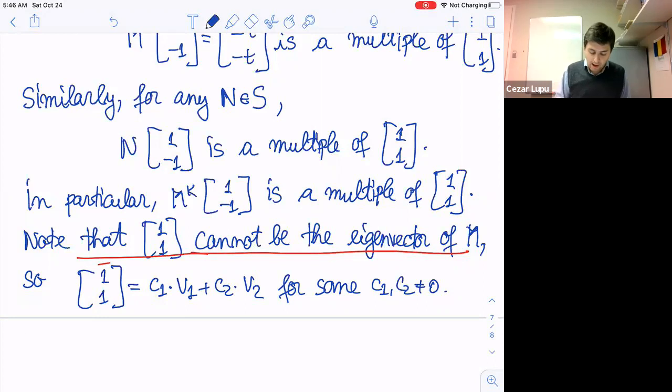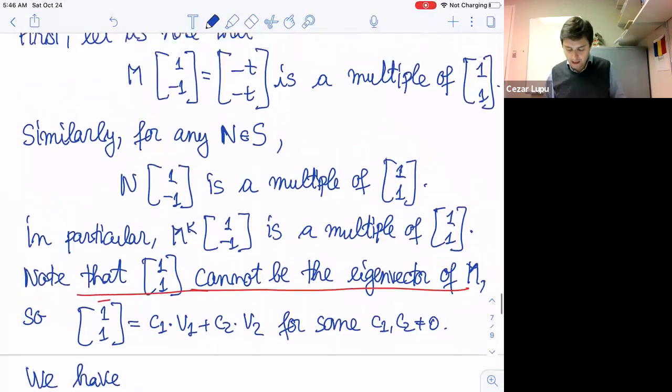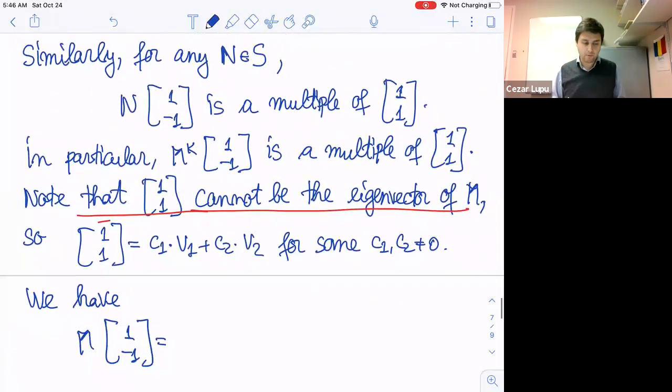So finally, let's be careful here, M times this vector 1, -1, which we know is a multiple of 1, 1, is nothing else than negative t times c1 v1 minus t c2 v2.